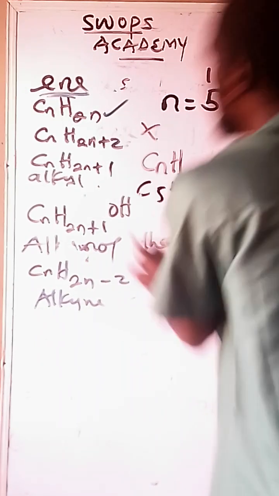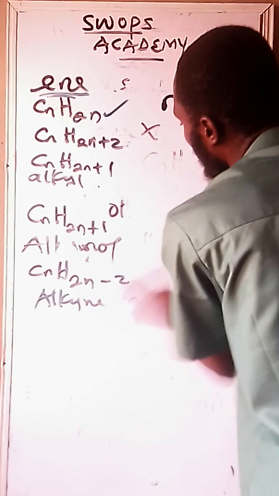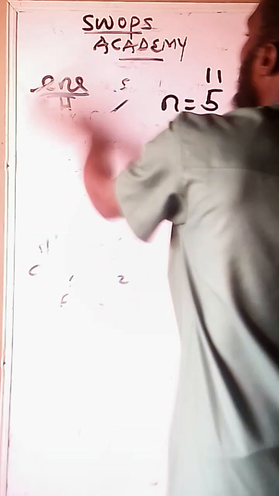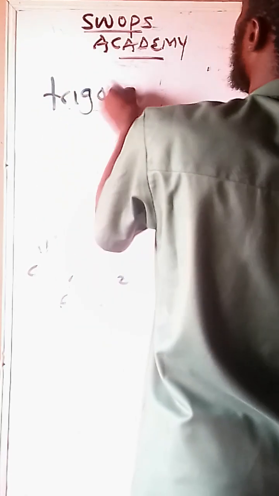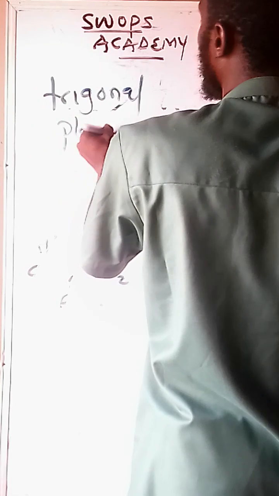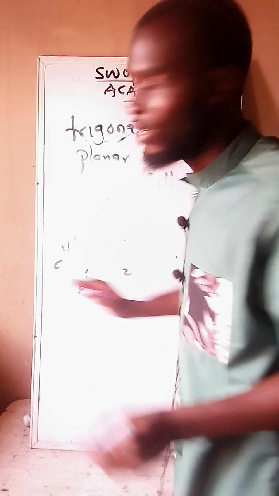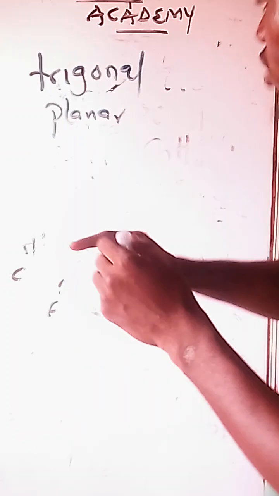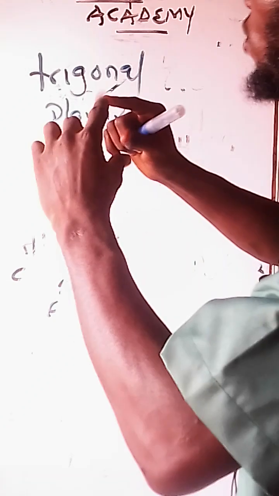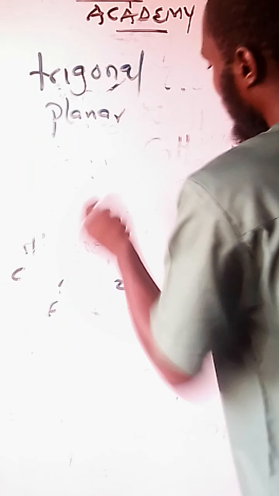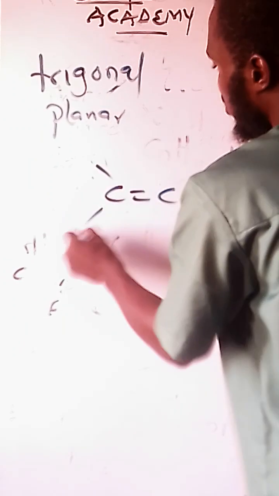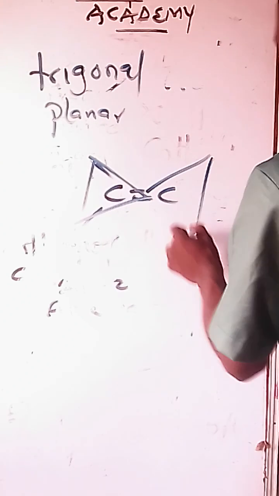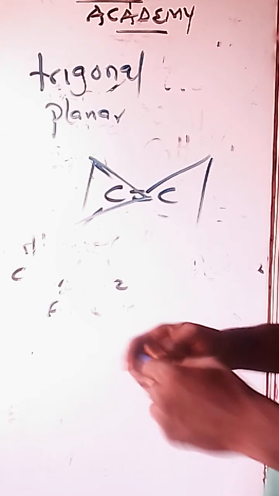Now its shape, it is trigonal planar. Trigonal what? Planar. That is the shape. That means it is in the form of a triangle. Meaning when I have this one like this and couple it like this, we call this type of shape a trigonal planar.